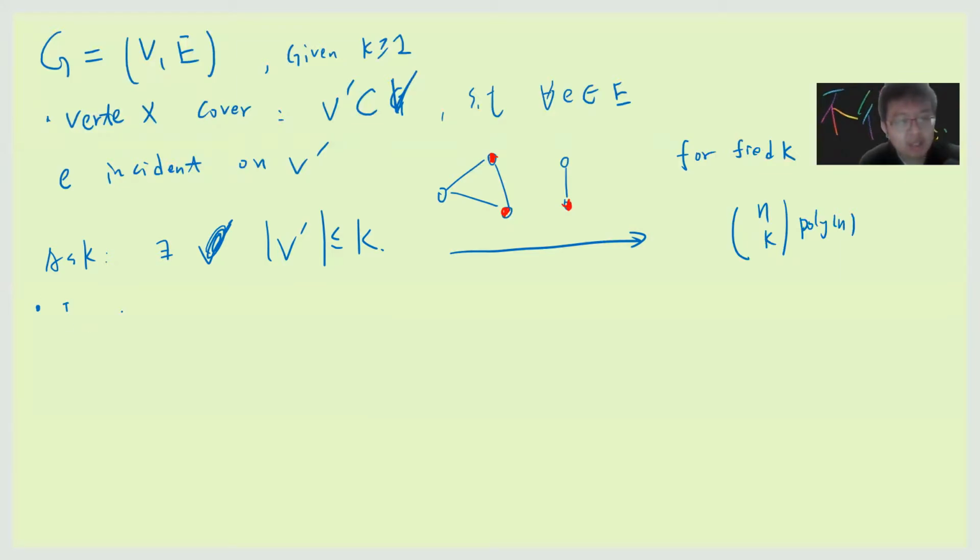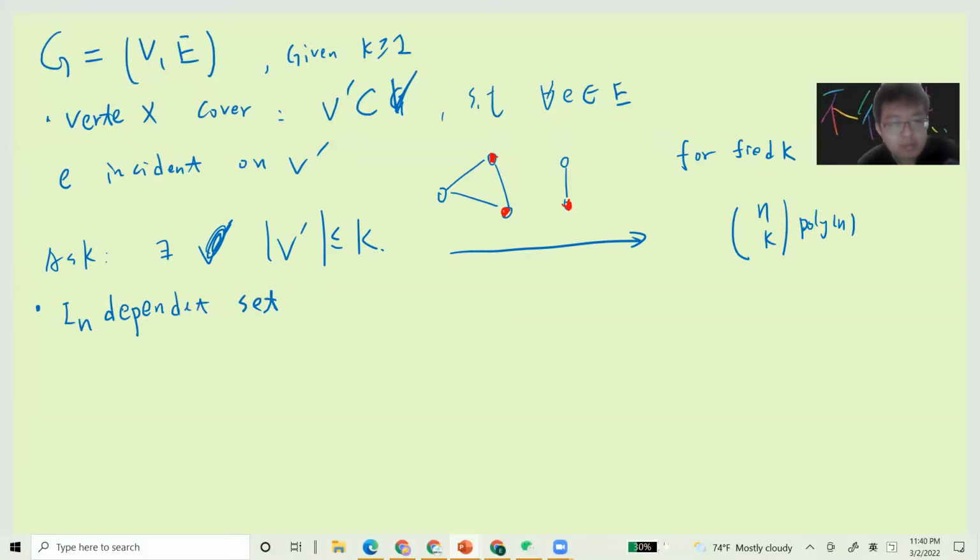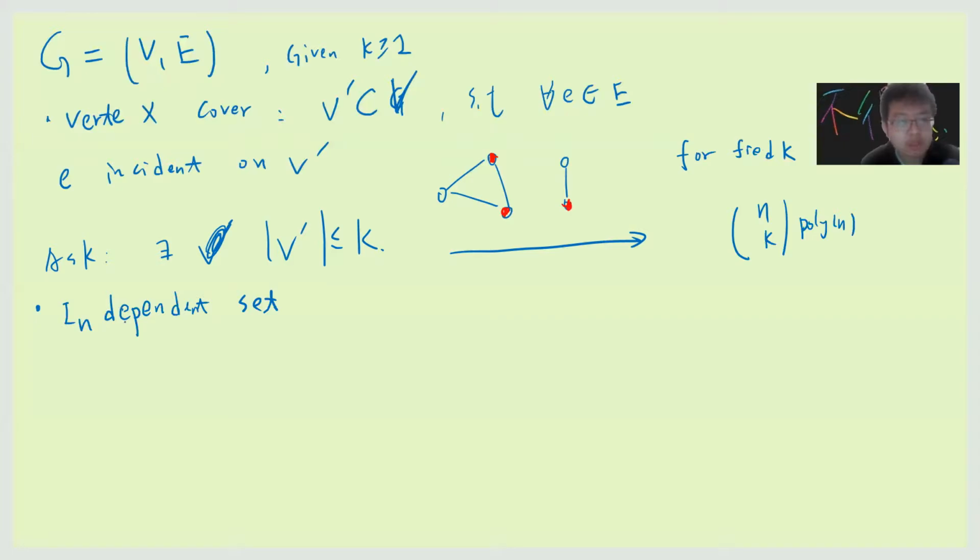The second problem is the independent set. It is the same setting, but you take a subset of vertices V prime that is independent.